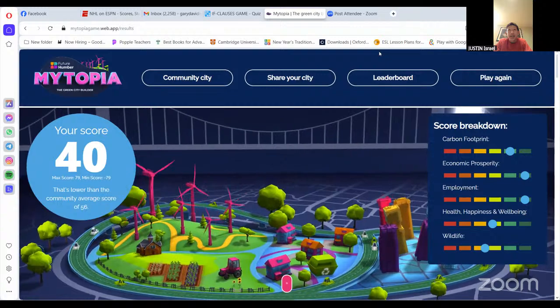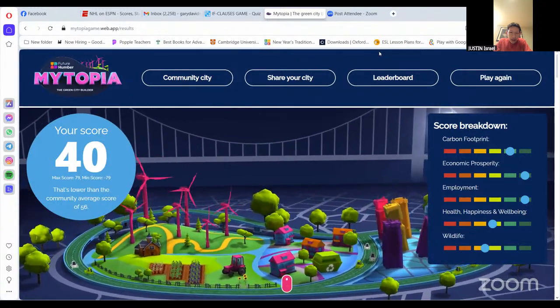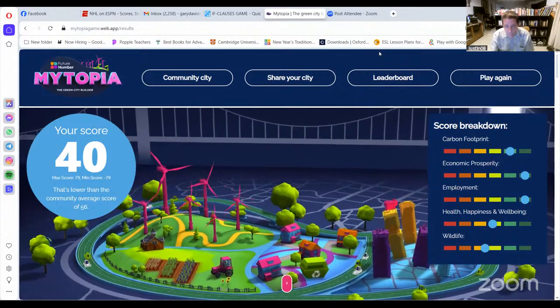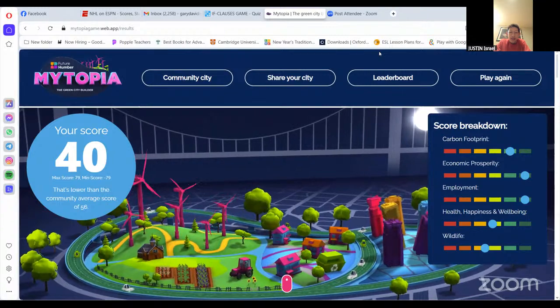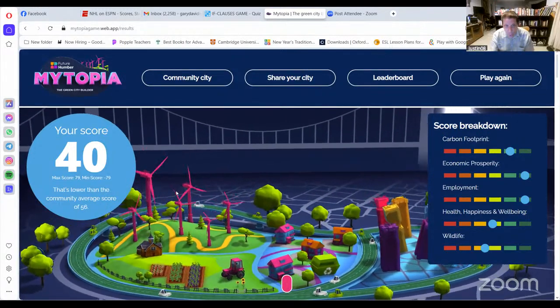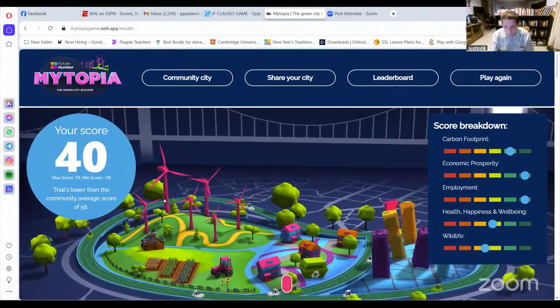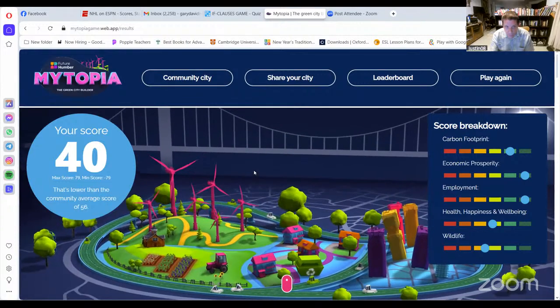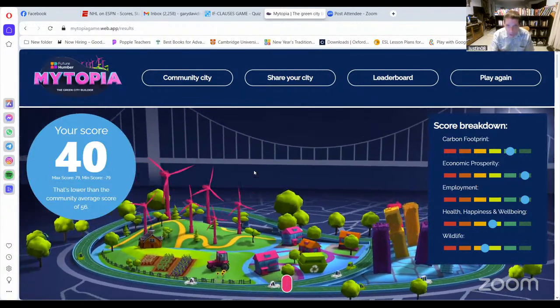Right now, these days, we use fuels to power cars, to power a lot of things, and it creates pollution, creates carbon dioxide, which is not good. Okay. So in this case, we're using something called renewable energy. Using the windmills is renewable. So that means that we should have a smaller carbon footprint in our city.